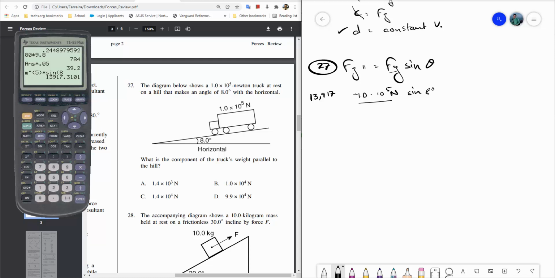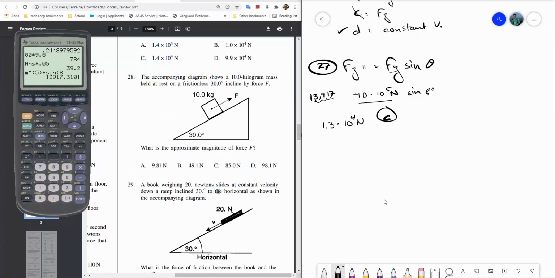If we round it to 2 significant figures, it looks like 1.3 times 10 to the 4 newtons. Oh, I should round it up: 1.4 times 10 to the 4. The answer is C. All right, that's how you do 27. Let's do 28.